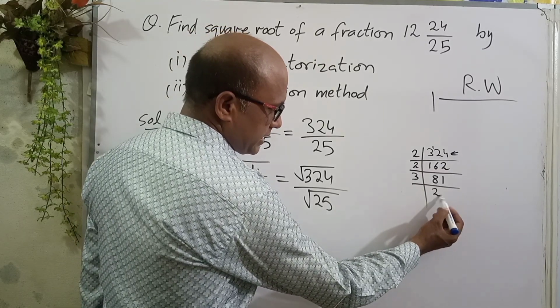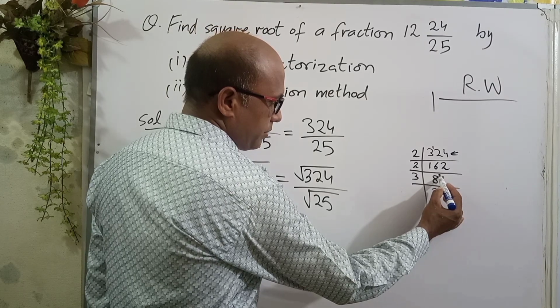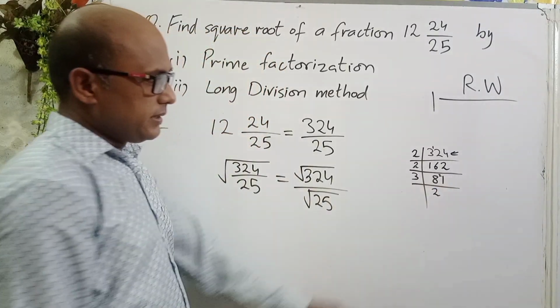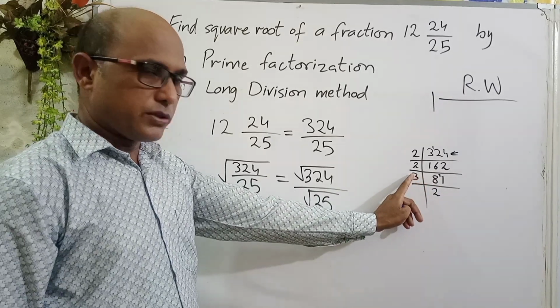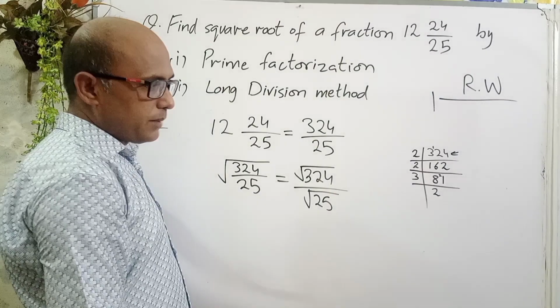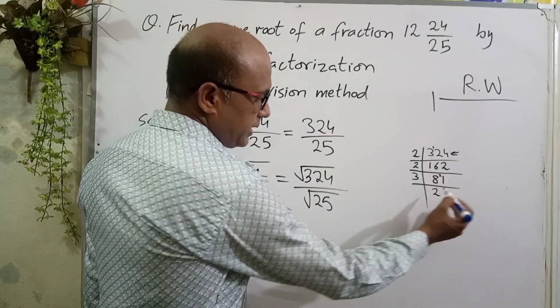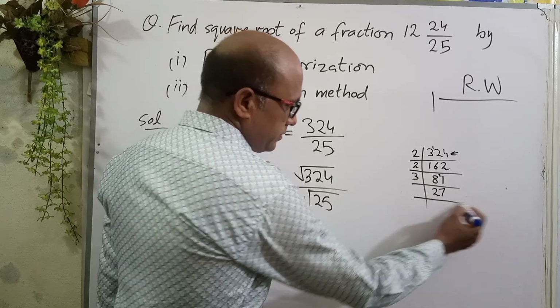3 2s are 6. 2 will be given away to the next number from 8, and it will be left here 6. So 3 2s are 6. The next number will become 21. 3 7s are 21.